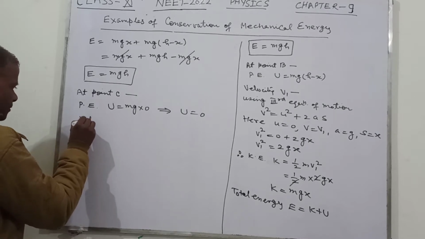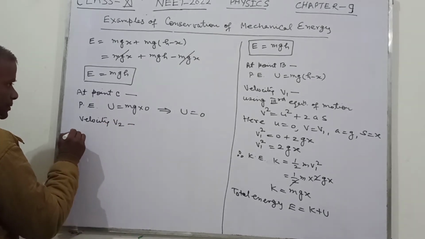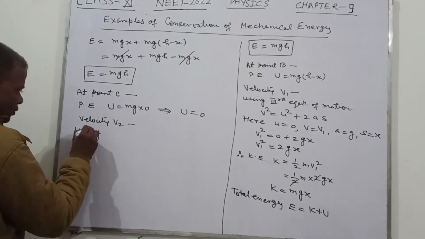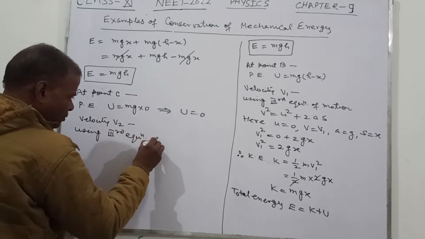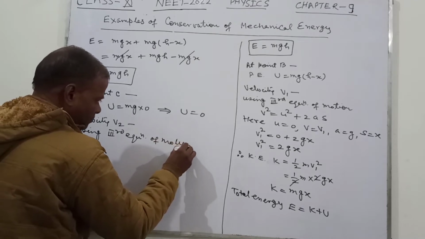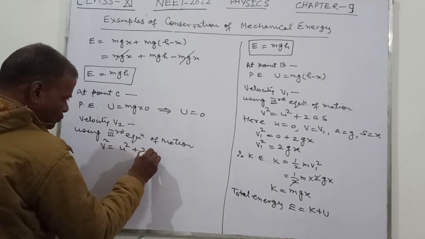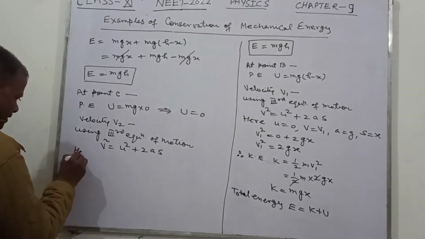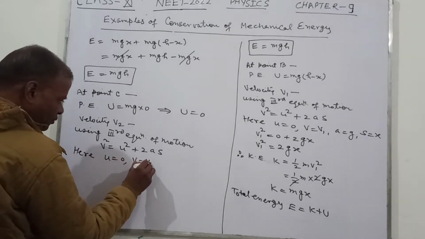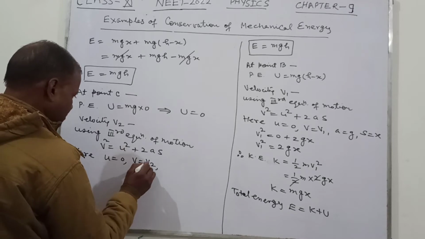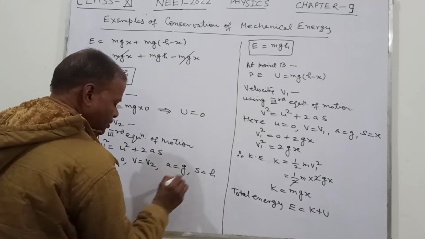Now velocity v2. Again we use the third equation of motion. We have v square equal to u square plus 2as, and here u is equal to 0, v equal to v2, a equal to g, and s is equal to h.